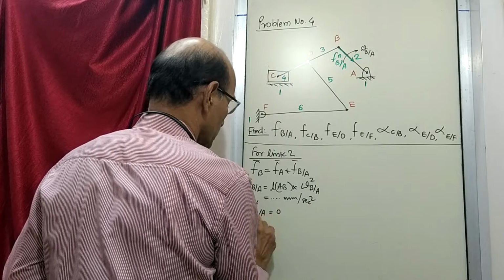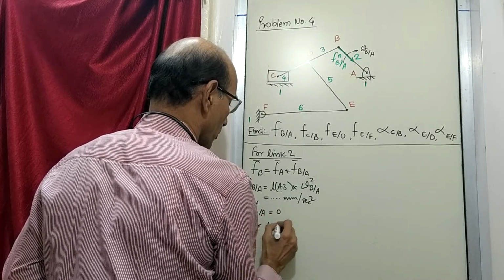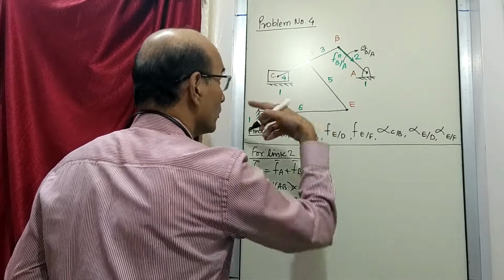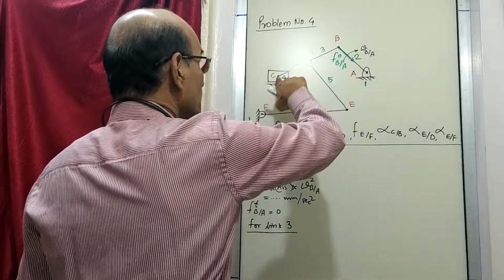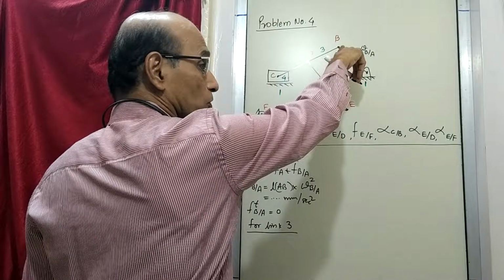So we take the next link number 3. For this link, this is unknown point, this is known point.